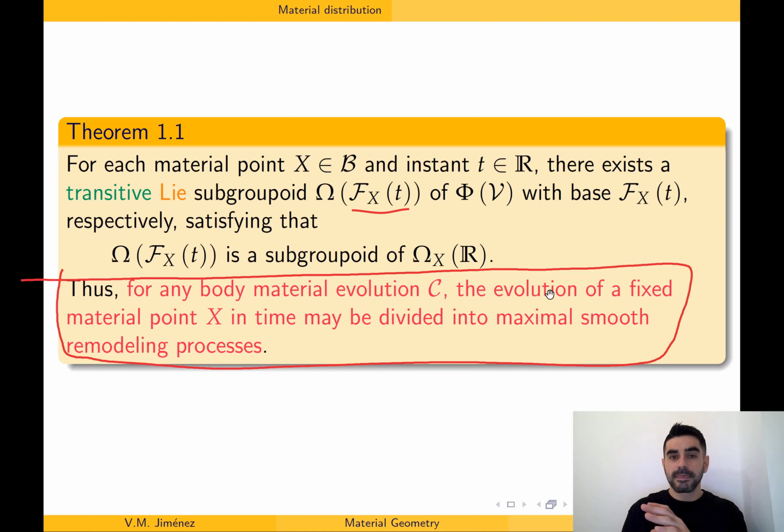This is a very intuitive result. You can divide the time into little pieces of remodeling. So maybe there is one interval where we have a remodeling, then some points of changing, then you have another remodeling, and something like that. But this division is obtained by this foliation.